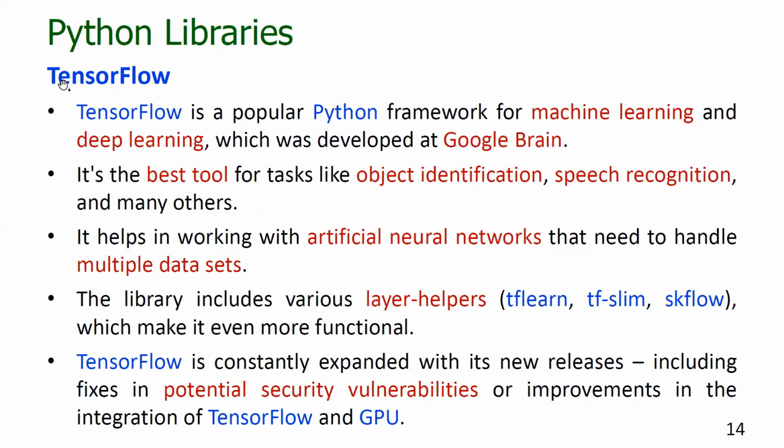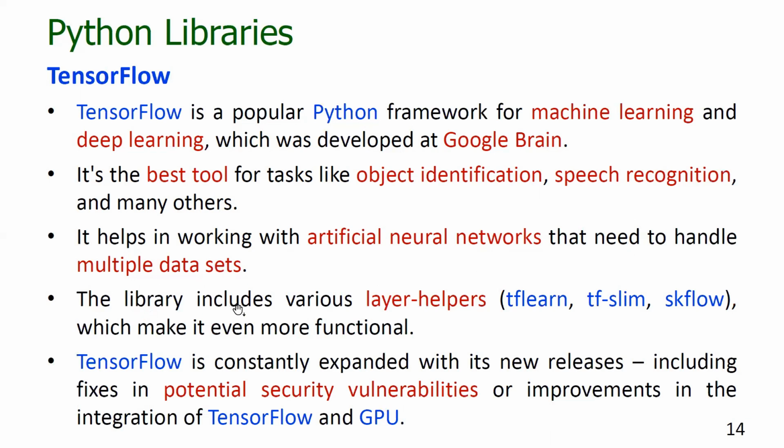The next library is TensorFlow, which is a popular Python framework for machine learning and deep learning, which was developed at Google Brain. It's the best tool for tasks like object identification, speech recognition, and many others. It helps in working with artificial neural networks that need to handle multiple data sets.